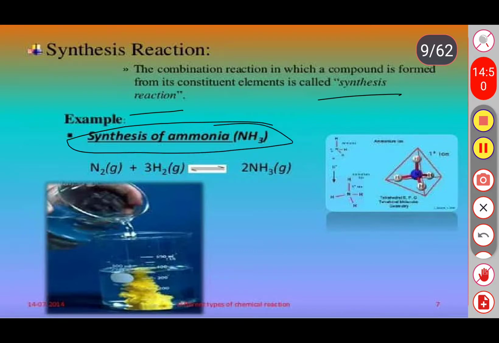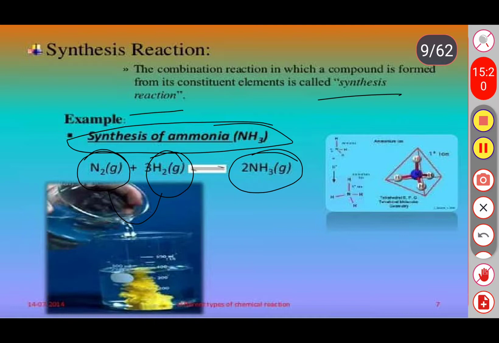How will ammonia be formed? When nitrogen is combined with hydrogen, it forms ammonia. So this is the synthesis or formation of the ammonia compound. So a combination reaction is also called a synthesis reaction.